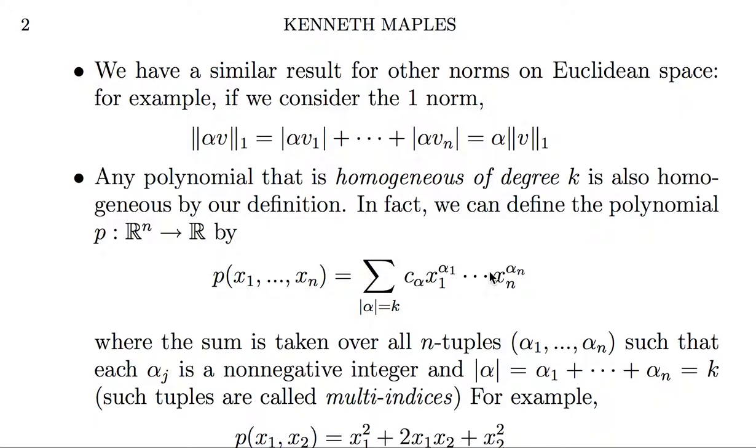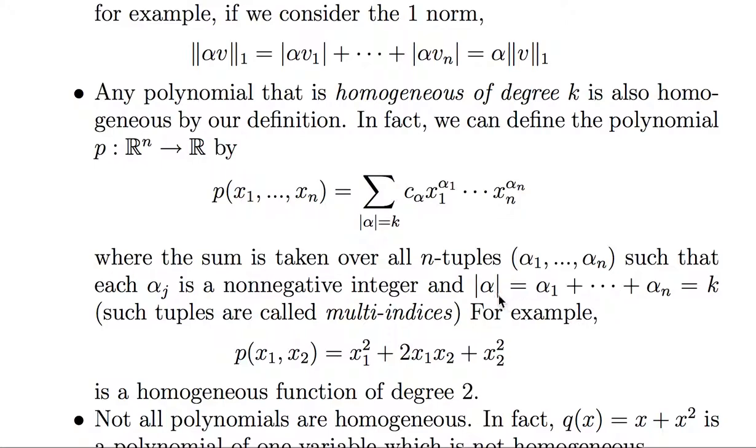In fact, we can define the polynomial p: R^n to R by p of x1 through xn equal to the sum over the absolute value of alpha equal to k of c alpha x1 to the alpha 1, all the way to xn to the alpha n, where the sum is taken over n-tuples alpha 1 to alpha n such that each alpha j is a non-negative integer, and the absolute value of alpha, equal to alpha 1 plus alpha 2 plus through alpha n, is equal to k. Such tuples are called multi-indices.